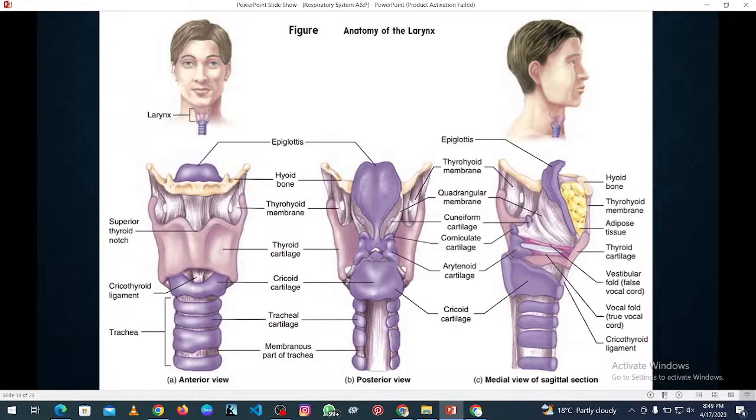There's a reason why I'm stressing the epiglottis. There's an inflammation related to it. The epiglottis can get inflamed and swell up. It's normally considered an emergency because the epiglottis is a very important organ in our body.